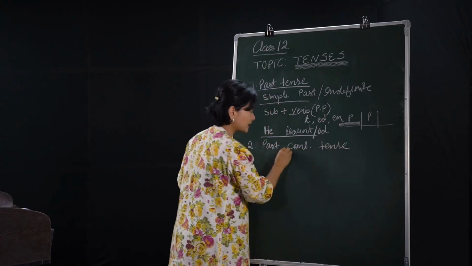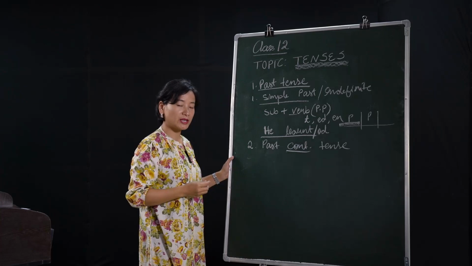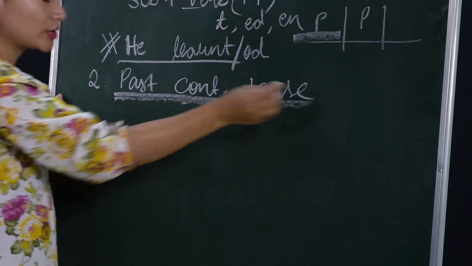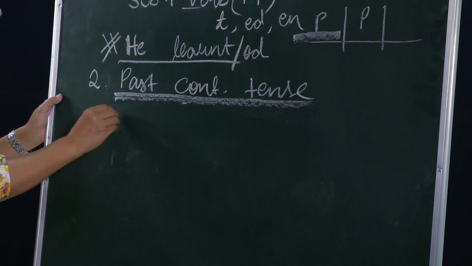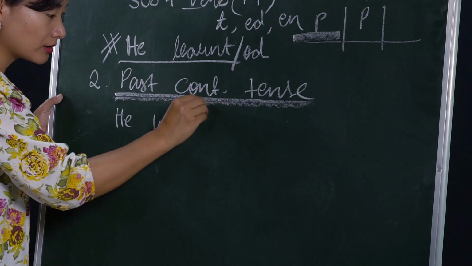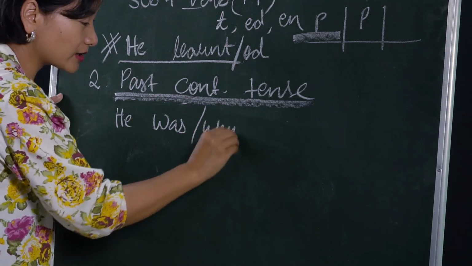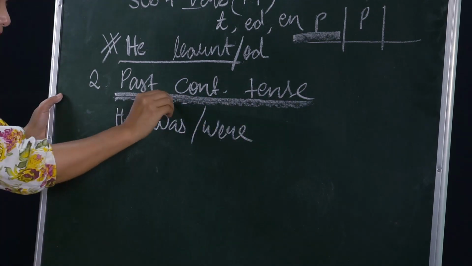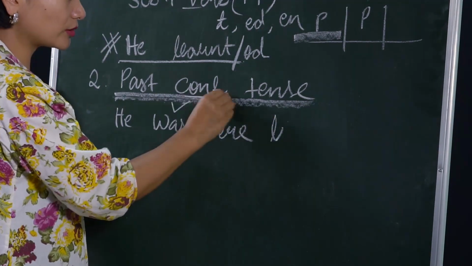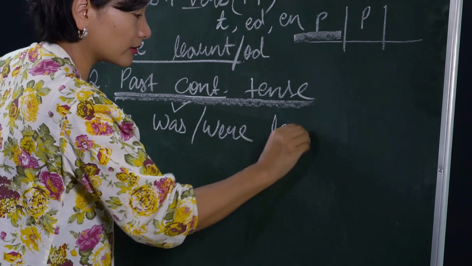So remember, when we say continuous, our verb is in the ing form. Past continuous tense here. Let's take the example of he again. He was or were. Remember, our subject and verb should agree, so we would be going with was. He was, and since it is continuous, learning.